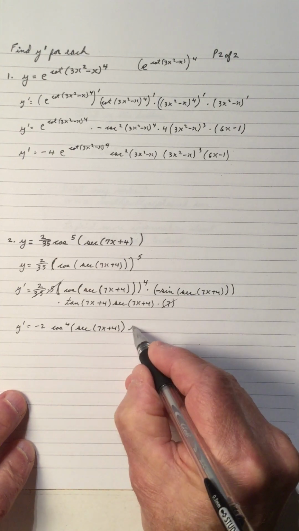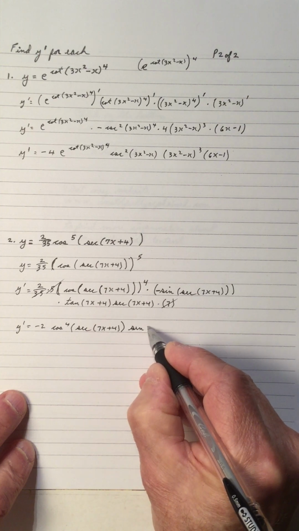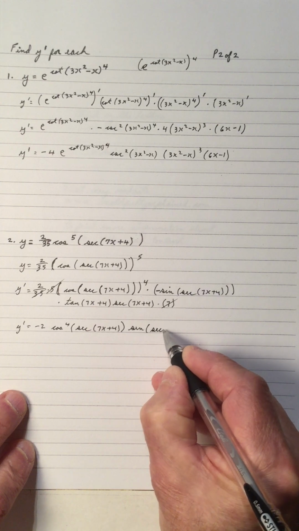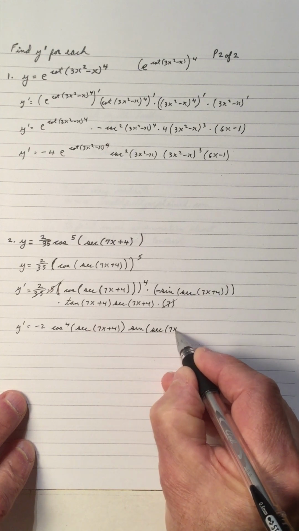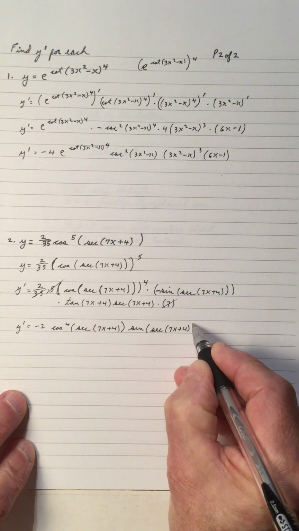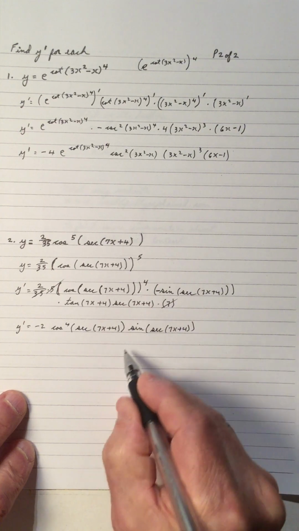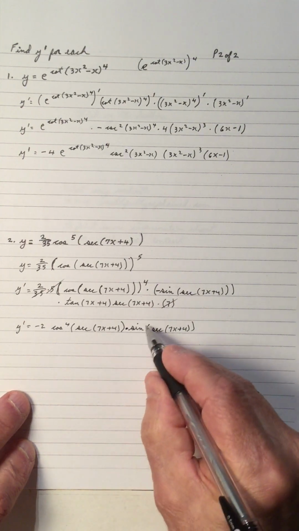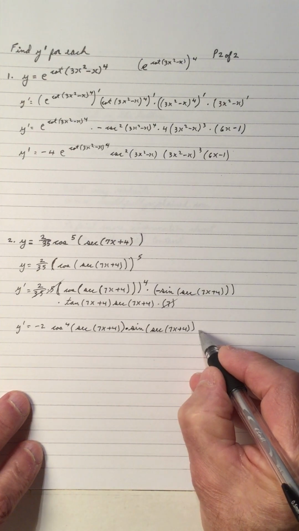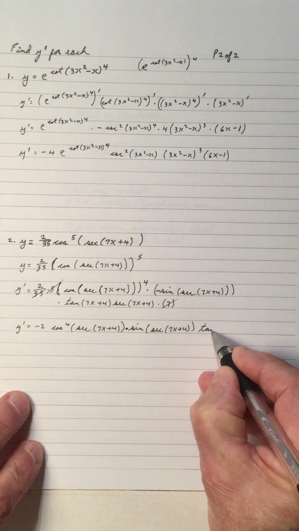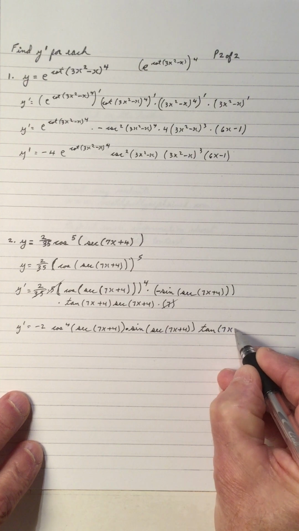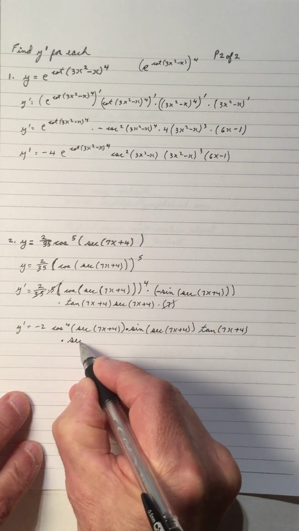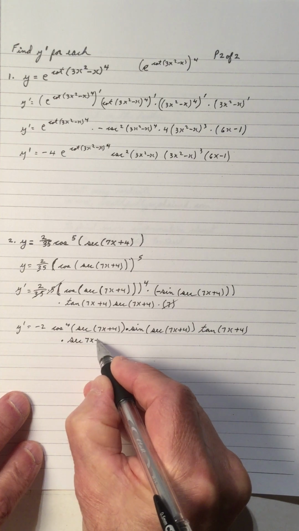And now we have sine of the secant of 7x plus 4. So put a dot there to indicate the multiplication. And now we have the tan of 7x plus 4 times the secant of 7x plus 4.